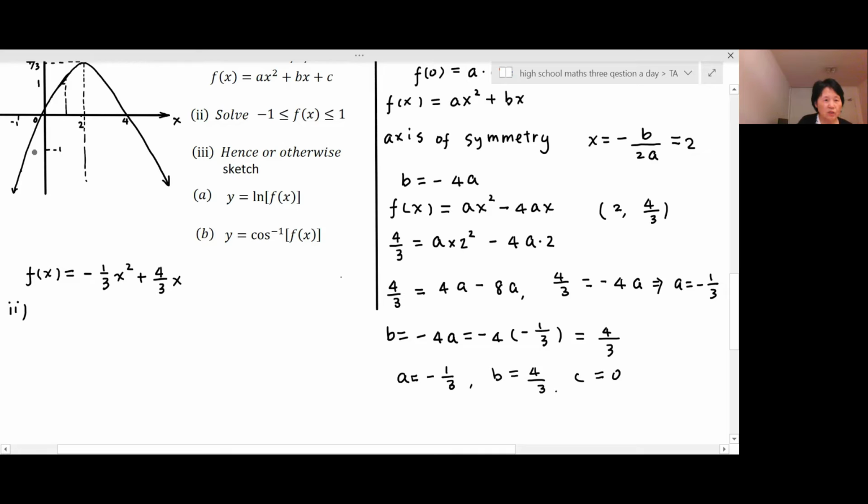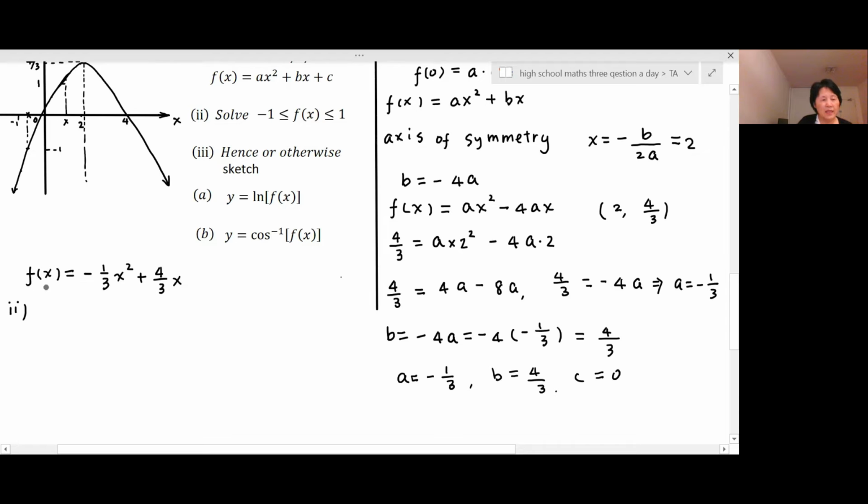That means I need to find this minus 1, the x value is here, then positive 1, the x value is here. So we need to find this point and this point here.